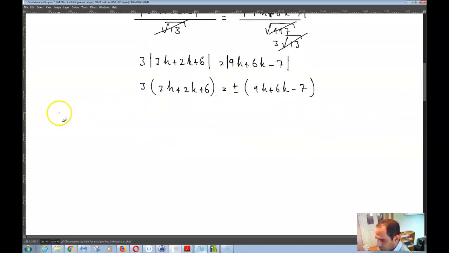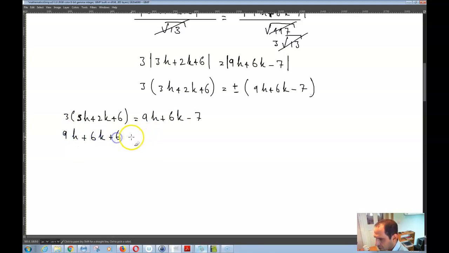So either 3 times 3h plus 2k plus 6 is equal to positive 9h plus 6k minus 7, which means 9h plus 6k plus 6 is equal to 9h plus 6k minus 7. Then 6 is equal to negative 7, which is not true. So this is not possible.